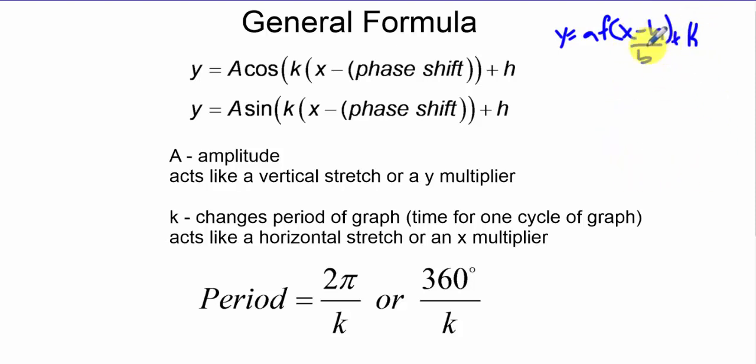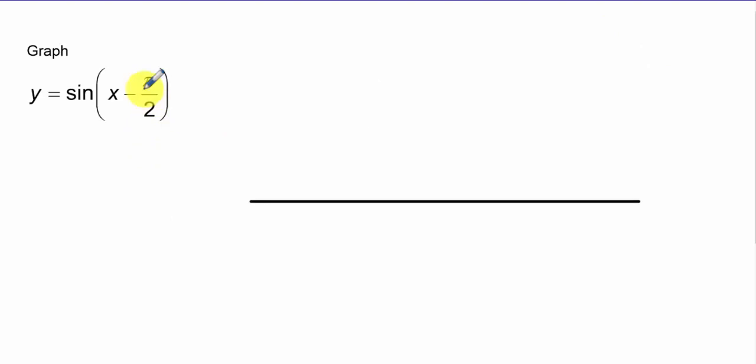And this value is whatever comes after the negative sign. So let's go back to our example. And in this case, you'll see pi over 2 is represented here. This is our phase shift. I'm going to go PS for phase shift. So since it's after the subtraction, that means this graph moves pi over 2 to the right.